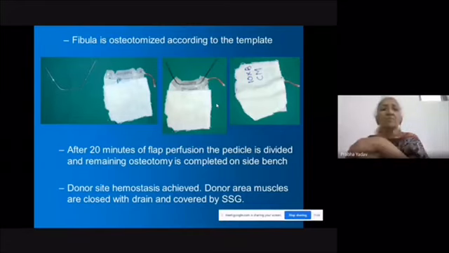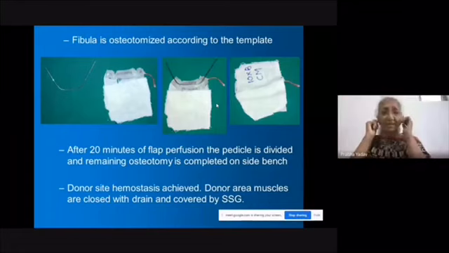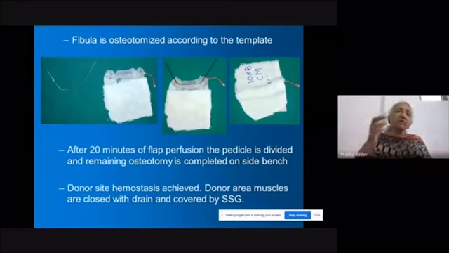Or nowadays, what is the latest technique people are doing? It is CAD/CAM technology. Everything is pre-planned, you get a jig and you do it. That's the easy way out. But if it is not available, the KY template is good enough. What precautions will you take when you are doing this? That's what I'm asking.